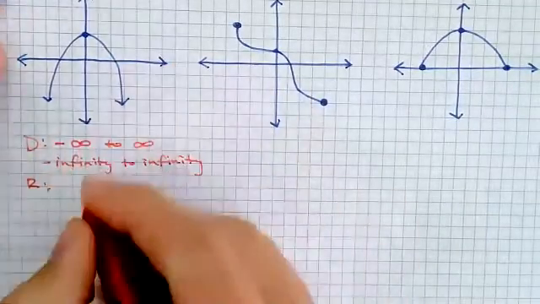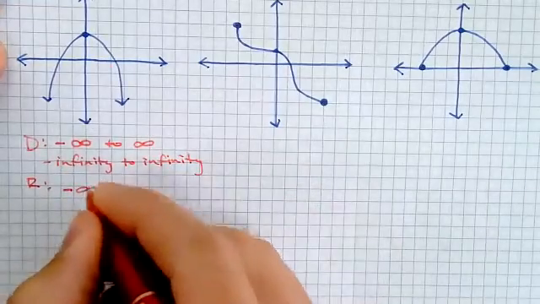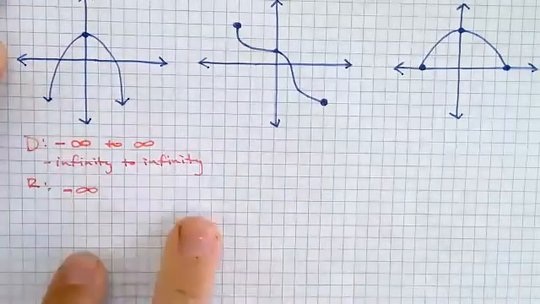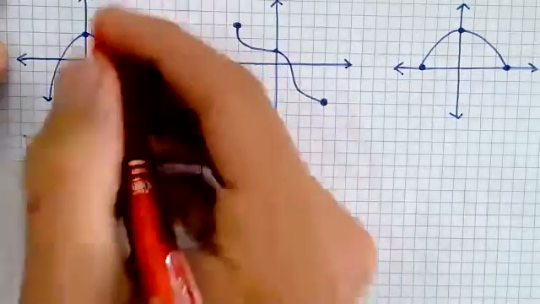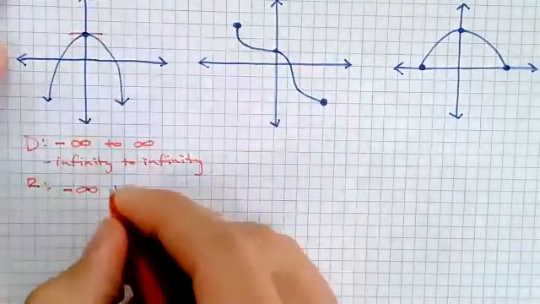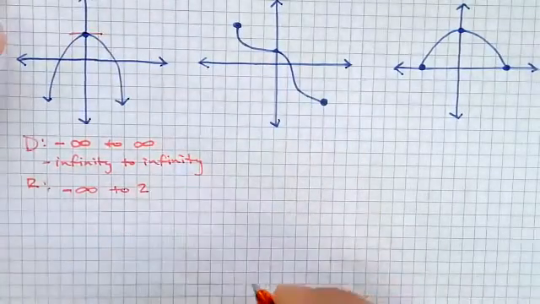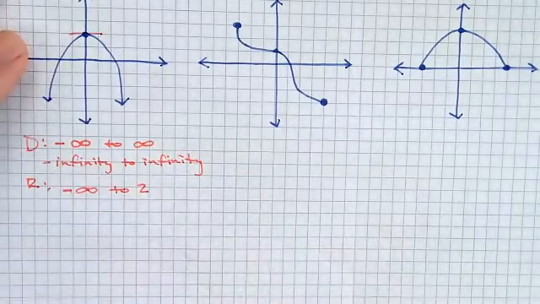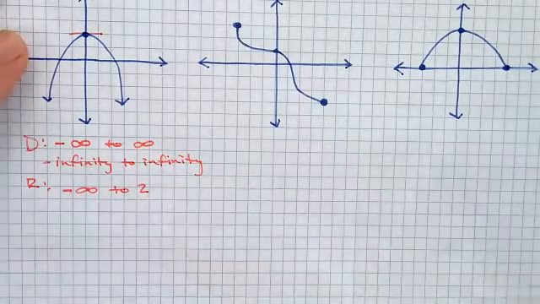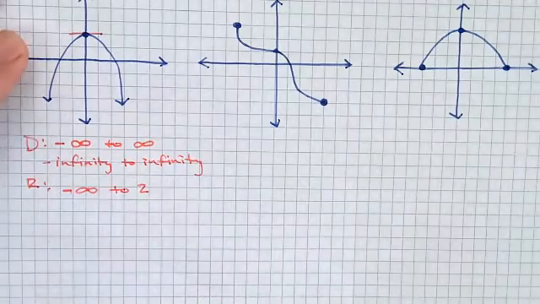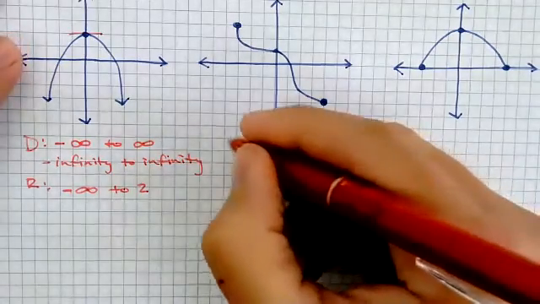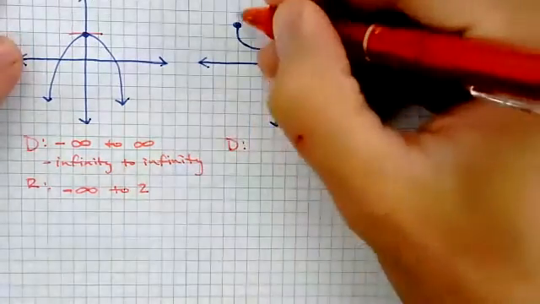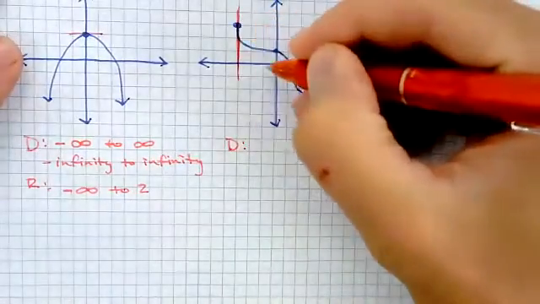Range, my lowest value is going to be -infinity, because the arrows go down forever. My highest value would be right here at +2. Domain, furthest value to the left, -3.